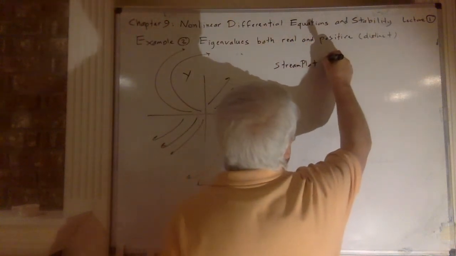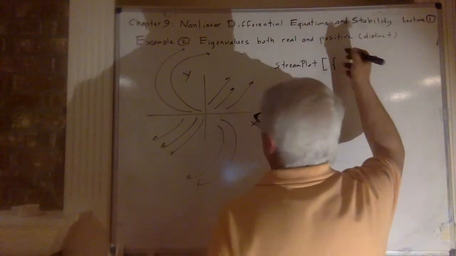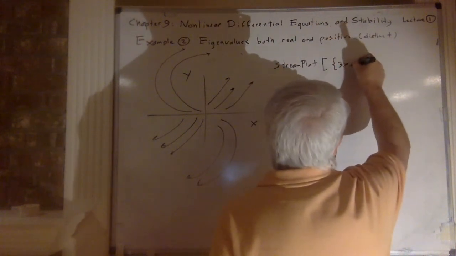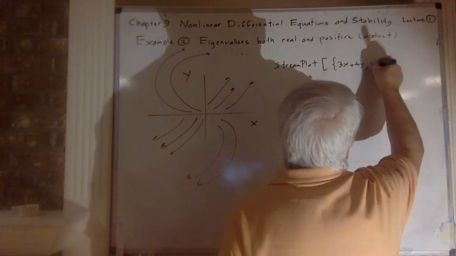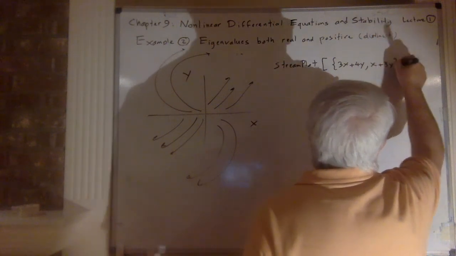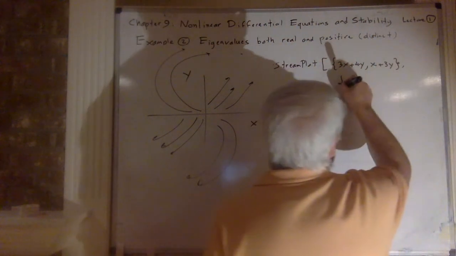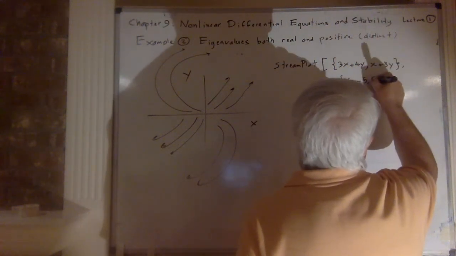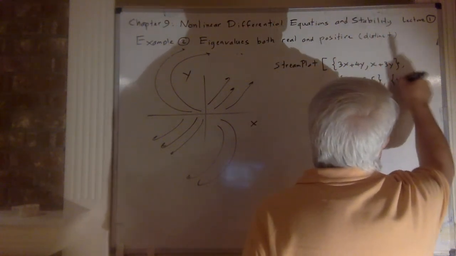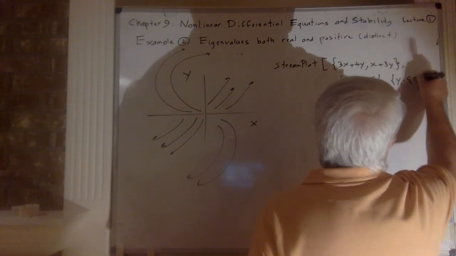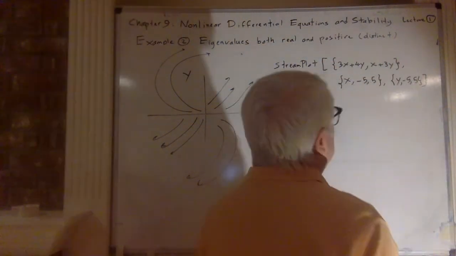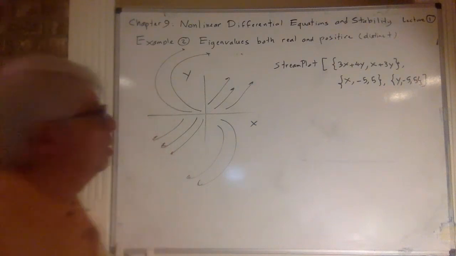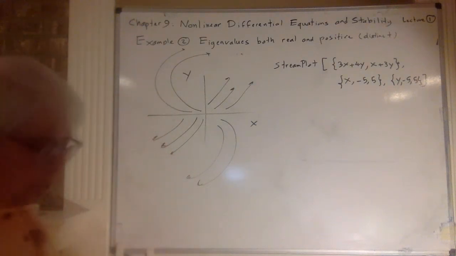it's StreamPlot, and give the 3x plus 4y, comma, x plus 3y, and you can give x going from, I don't know, minus 5 to 5, and y going from minus 5 to 5. It doesn't have to be the same, but you can do something like this on Mathematica, and you get this stream plot.